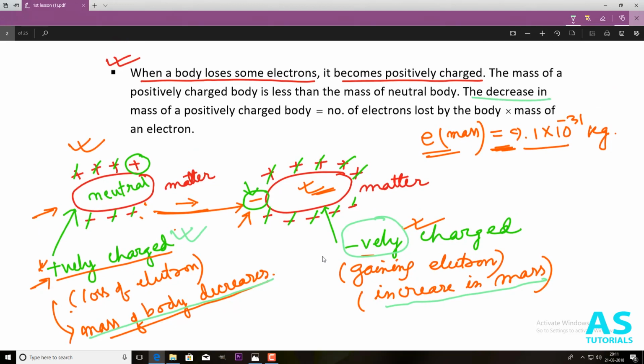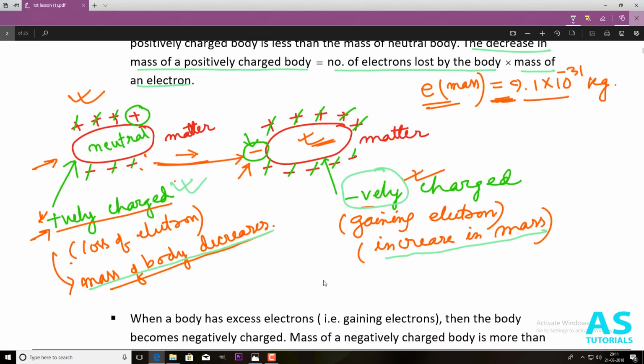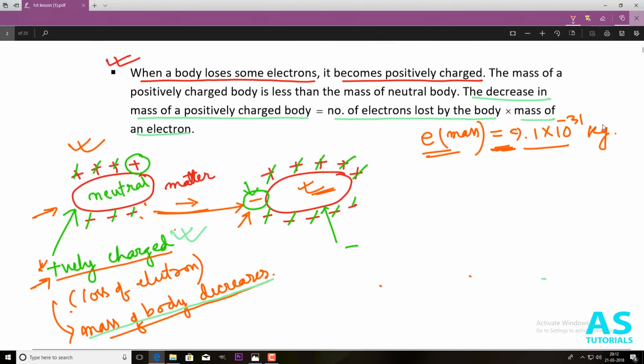And here, the decrease in mass of a positively charged body is equal to the number of electrons lost by the body multiplied with the mass of an electron. This one we will elaborate here. So we'll find the decrease in mass of the positively charged body.